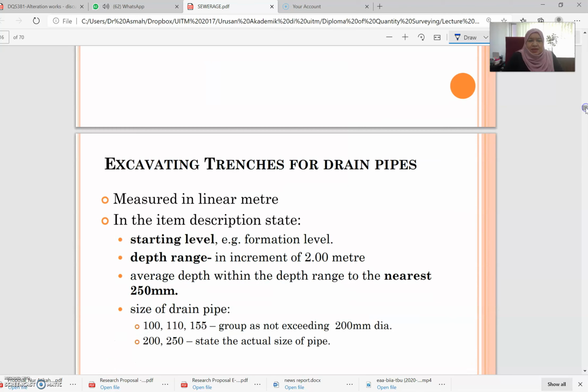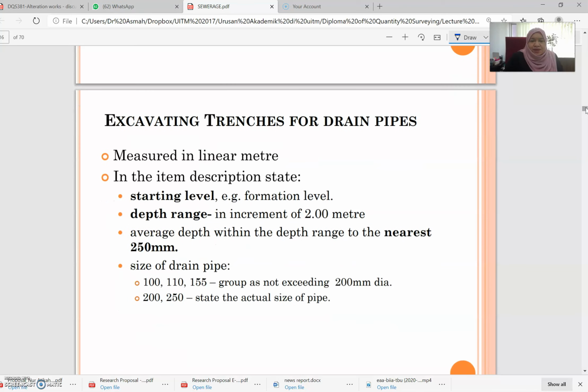Excavating trenches for drain pipes is measured in linear meter, so all will be in meter. You need to mention the starting level and the depth range. I'm sorry about that, I'm still adjusting to using this writing pad.